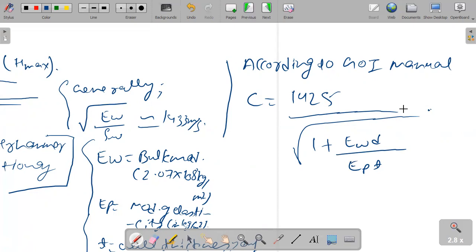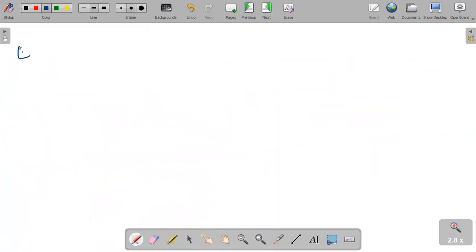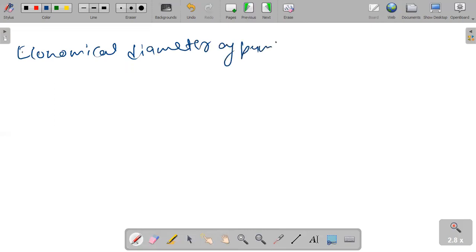One more thing in this source of water and its conveyance: the economical diameter of pumping main.